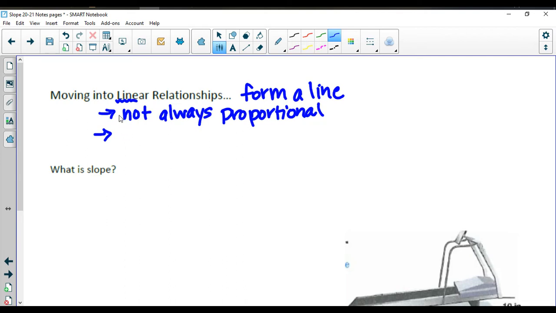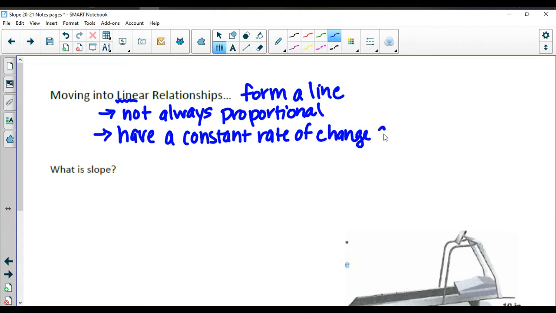Instead, what they have is called a constant rate of change that's going to be similar to k, but it's not the same thing as k. This constant rate of change is actually called slope.